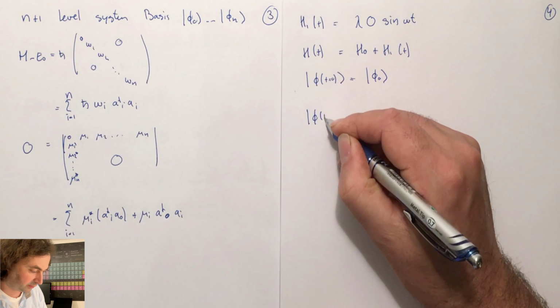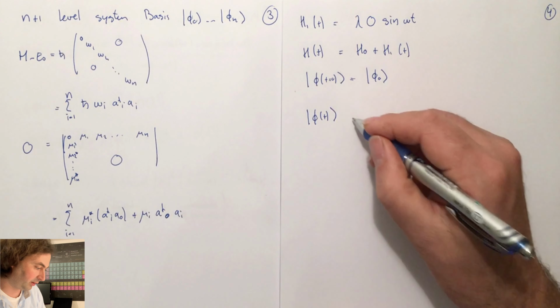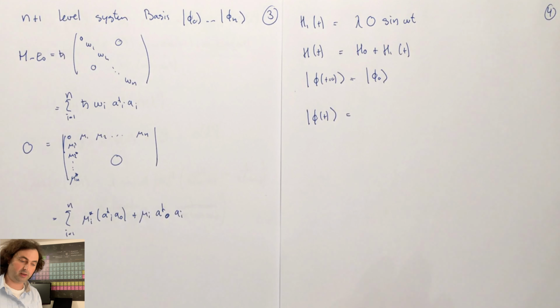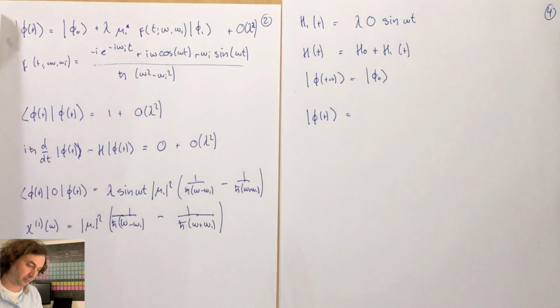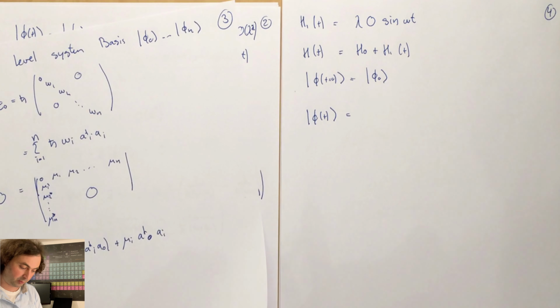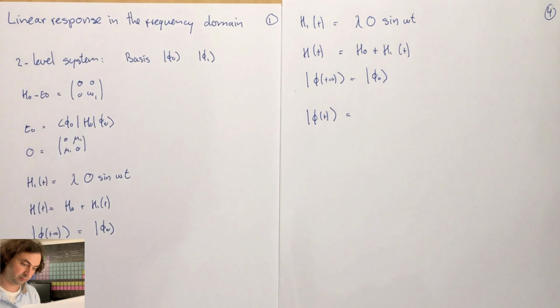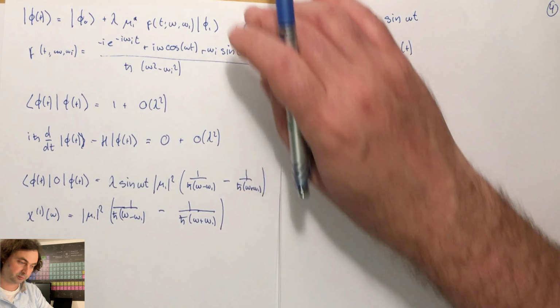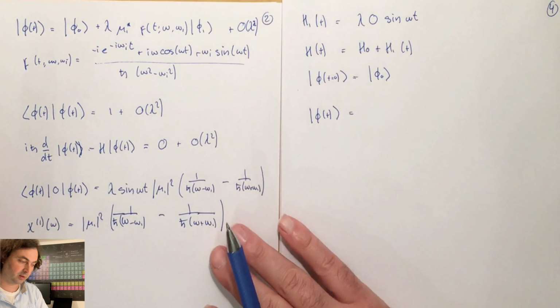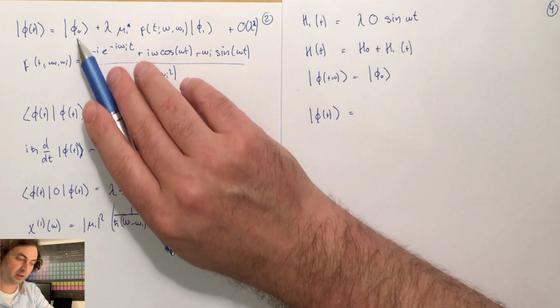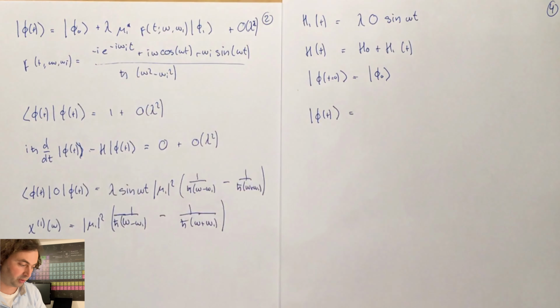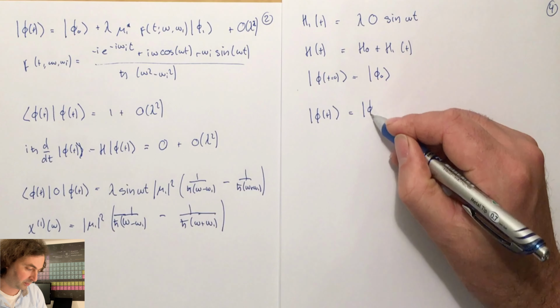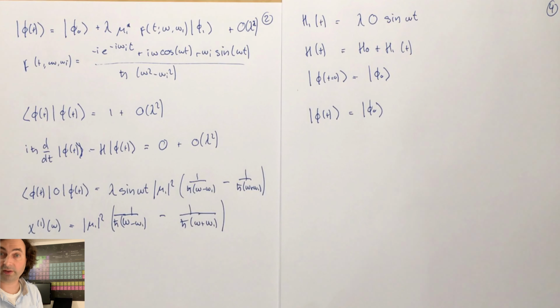We now can derive what the wave function at time t will be in linear order in lambda, and what we have seen before here is that to linear order in lambda the state is proportional to psi 0 without an additional prefactor, and then couples to state 1.